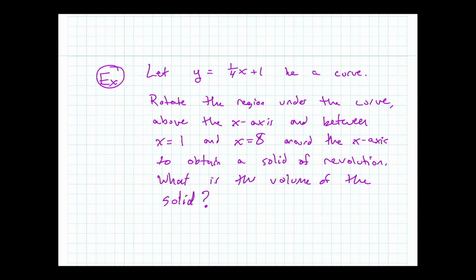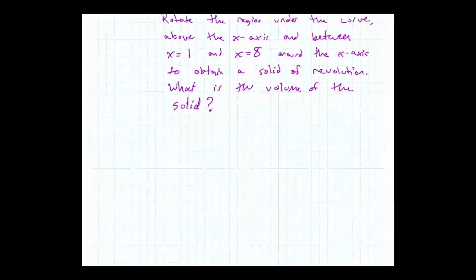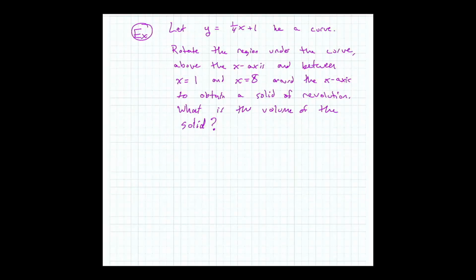All right. So what is the volume of the solid? So first of all, we want to make sure we know what we're talking about here. So let's actually look at this function. So you can use a computer to help you with these if you want. It's not strictly necessary.